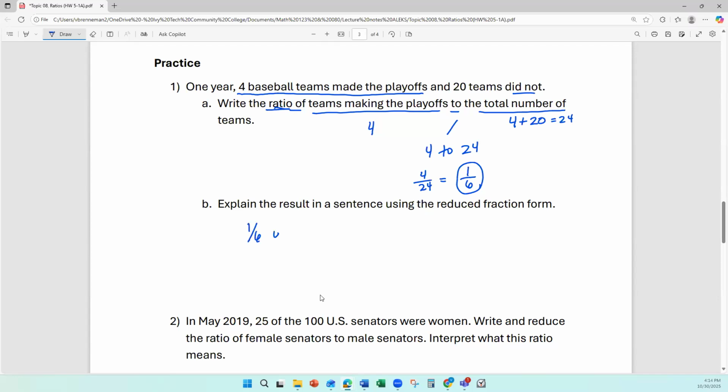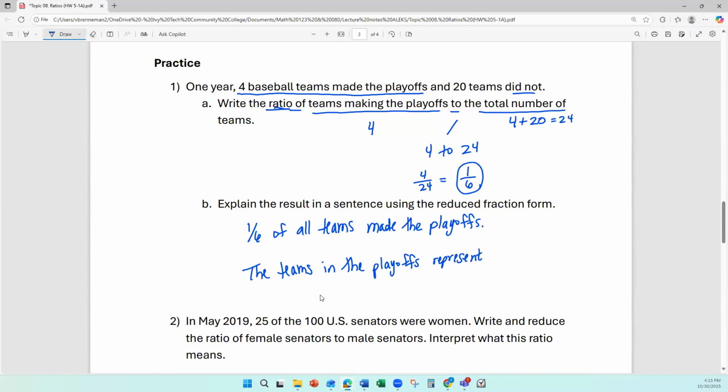So 1/6 of all teams made the playoffs, or maybe something like the teams in the playoffs represent 1/6 of all teams.